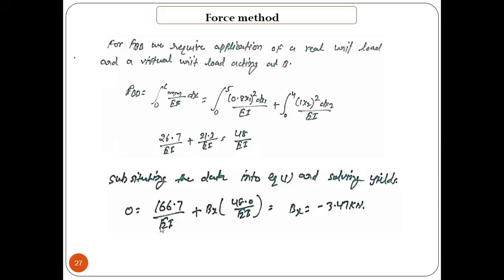So 0 is equal to the displacement due to the real loading that we already calculated, that is delta B, plus Bx into FBB, that is the displacement coefficient when there is a unit force acting in the direction of displacement at that point. So Bx is equal to minus 3.47 kilonewton.